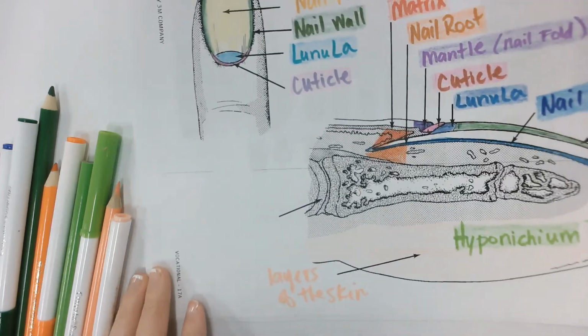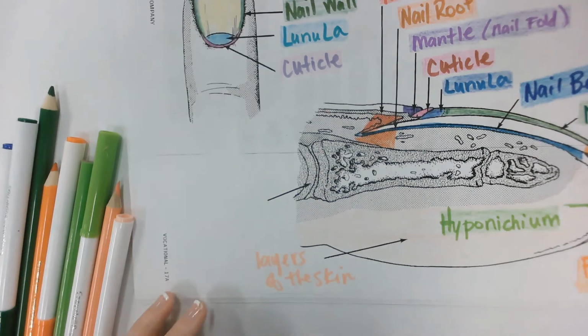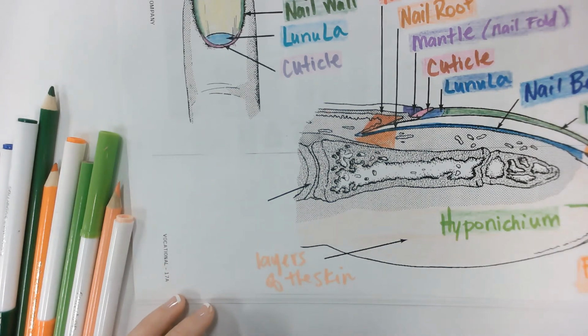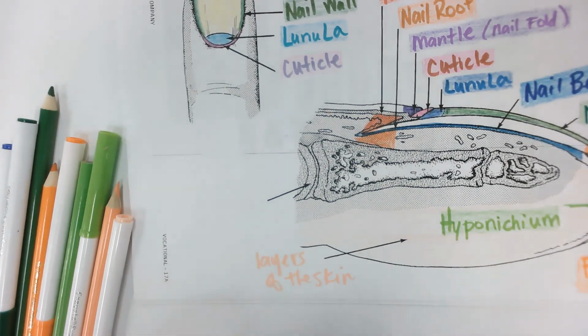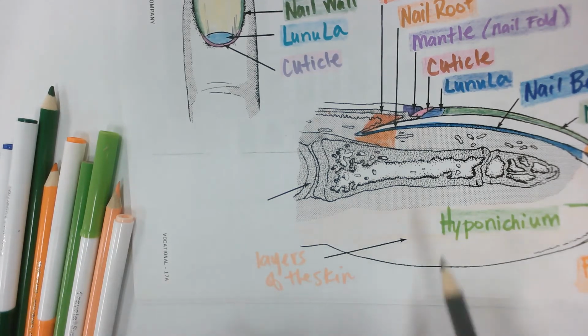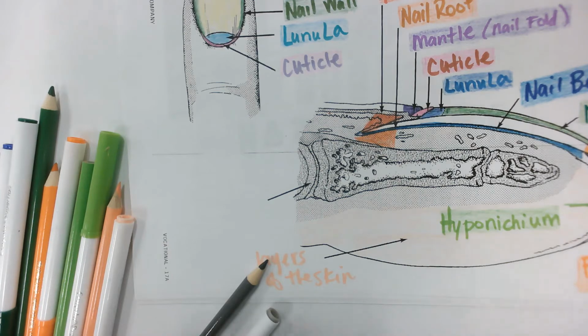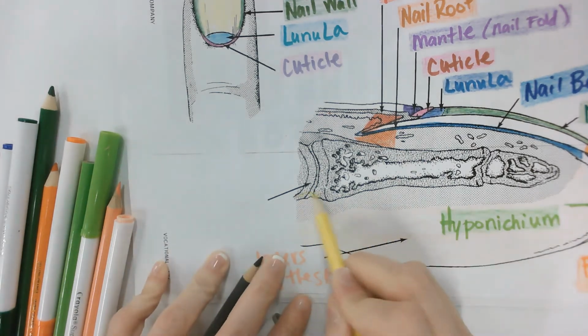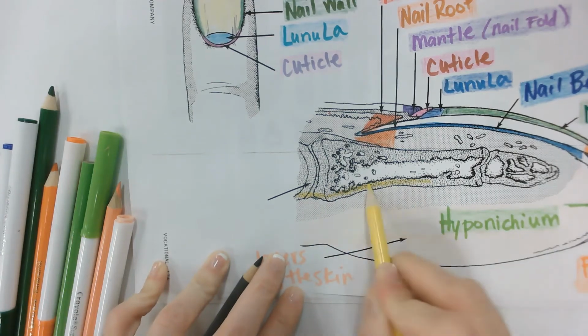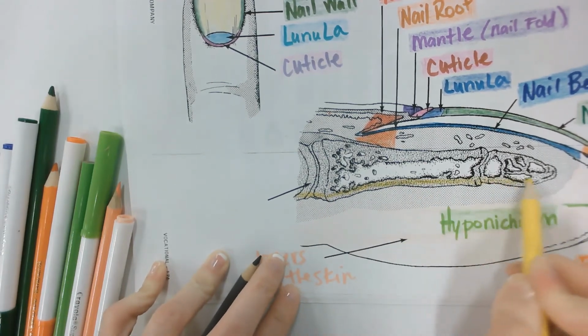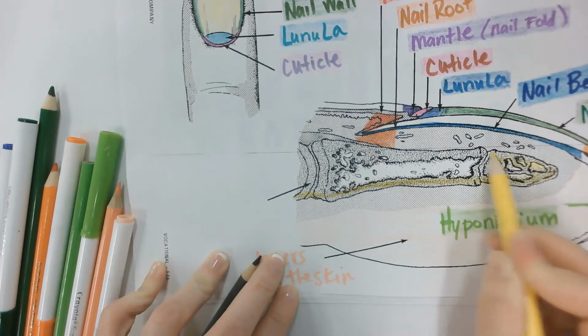The one last thing that we're going to come in and color, I guess I can use a different color, is going to be your bone. So the bone is obviously the middle part here. You can see there are 3 bones, but we'll color it all together.